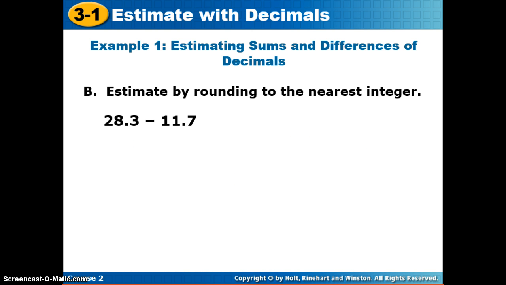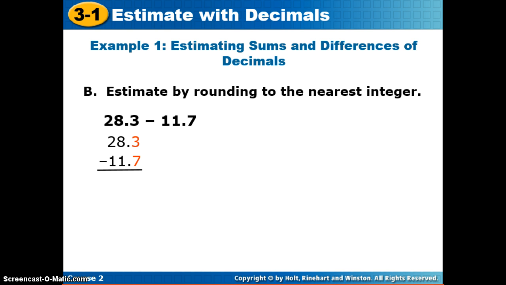Here's another one to help us estimate, but this time we're going to be looking at subtraction, finding the difference. So 28.3 minus 11.7. First, we set up our problem, lining up the decimals and the place values, and now we can look at each individual number and decide if we're going to round it down or up. So 28.3, we're either going to round it to 28 or to 29, and we're going to look at the digit in the tenths place to determine that.